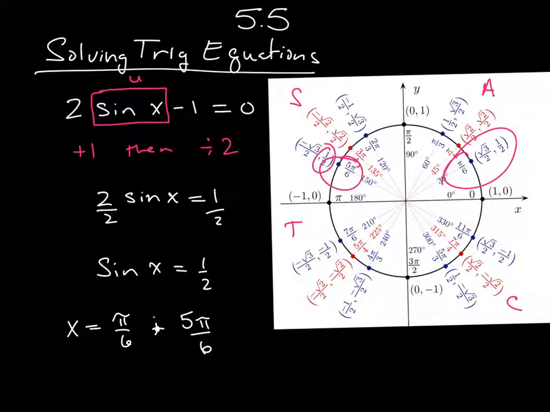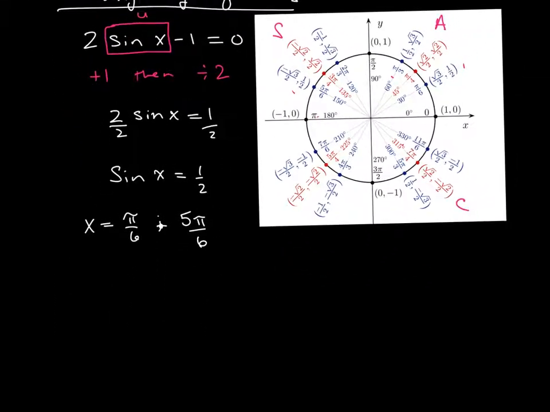But it doesn't just stop there. Every time I go through a revolution around the unit circle, I get all of those other additional angles. So the question is, how do you write your answer if there is an infinite number of solutions? Let's take our first solution of pi over 6.